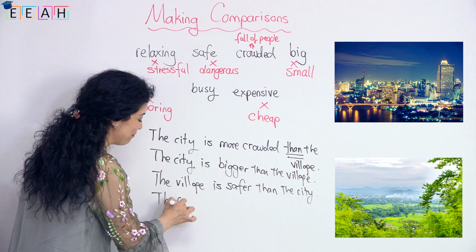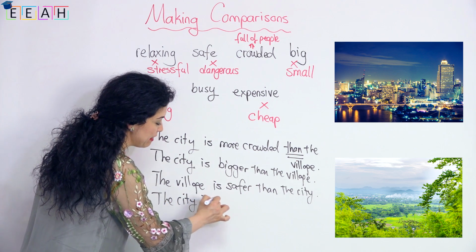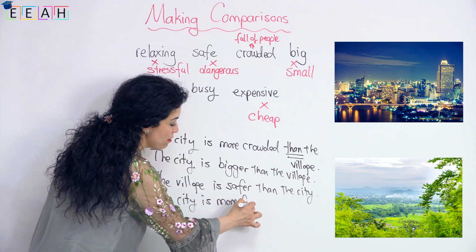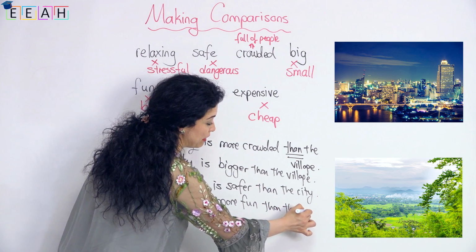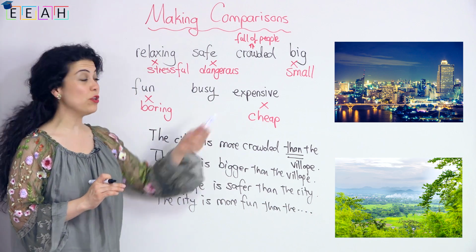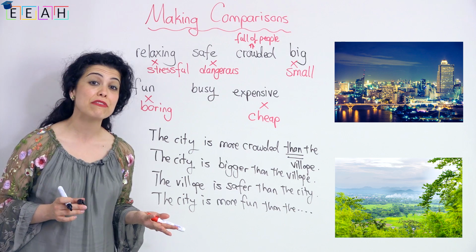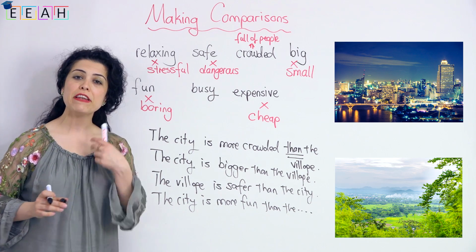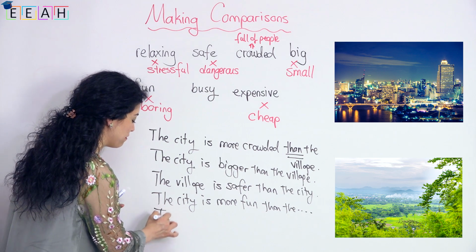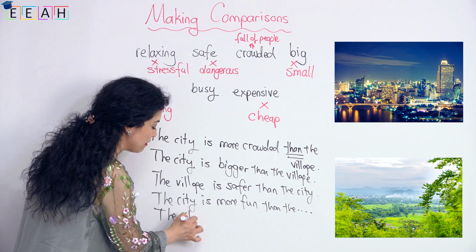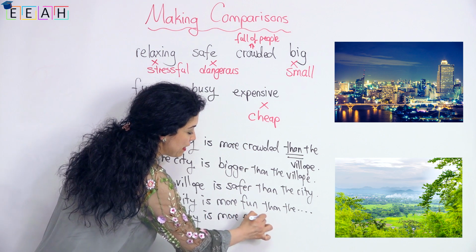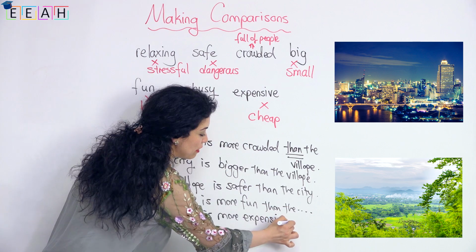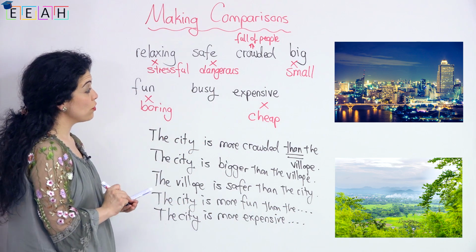The city is more fun than the village. Okay, another one. Which one do you think is more expensive? Huh? Definitely the city is more expensive. The life in the city, yes? The city is more expensive than the village.